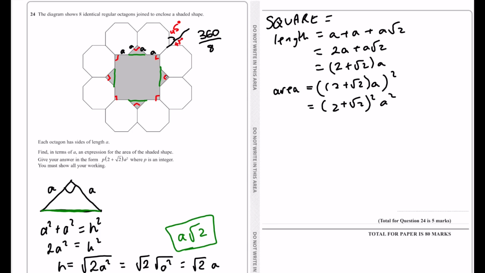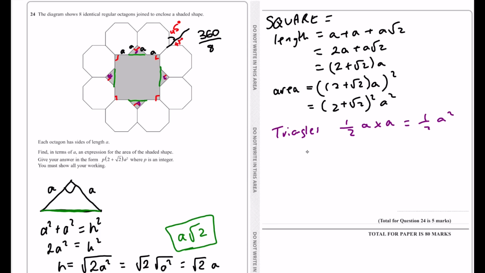And then we're going to add on these 4 triangles. So 1, 2, 3, 4. So the area of a triangle is half times base times height. It's a right angle triangle. Half of a times a, which is half a squared.